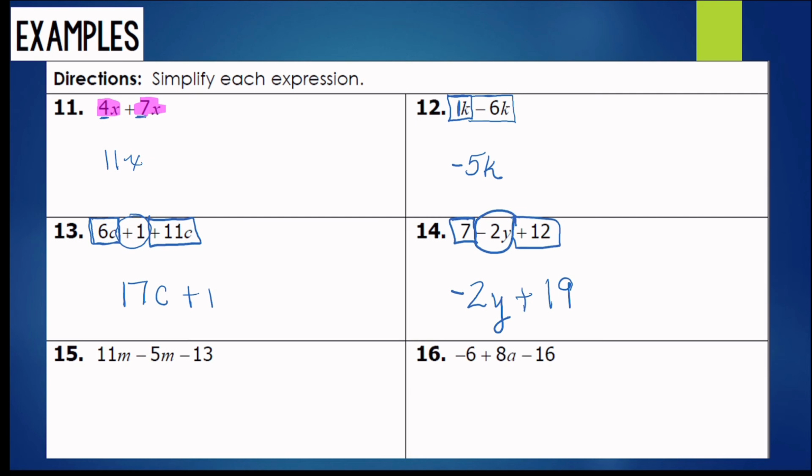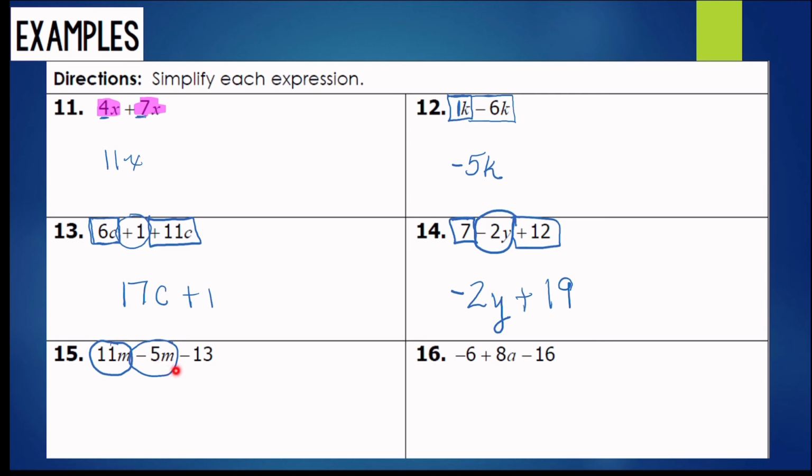This is review, so some of you may understand. I'm showing you how I combine like terms. So this time I'm going to put a circle around my variable. But notice what I'm doing. I also circle the sign that's in front of the term. By doing this, it's going to help you understand what I need to do to combine them.